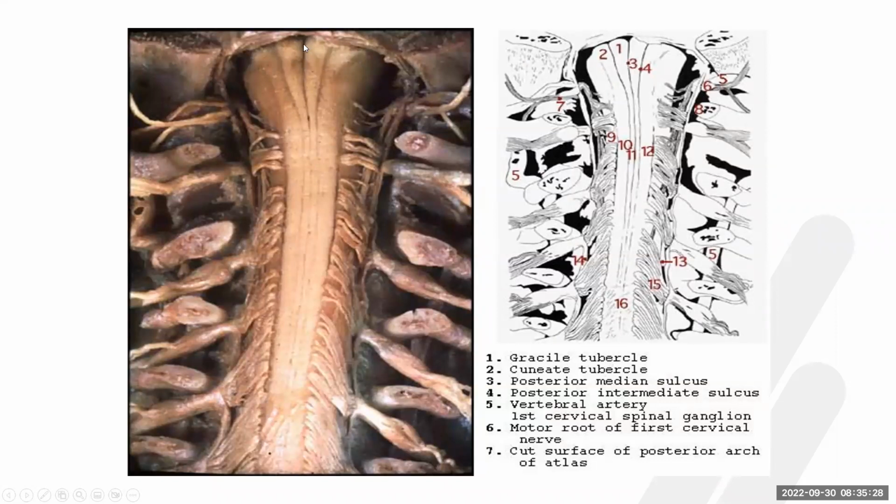And we have the dorsal median fissure, and the posterior intermediate sulcus between the two tubercles. The tubercles are a reflection of the two fasciculi, the cuneate and gracile fasciculi.